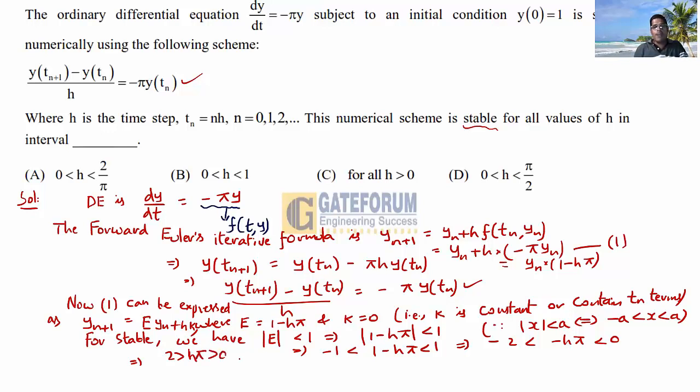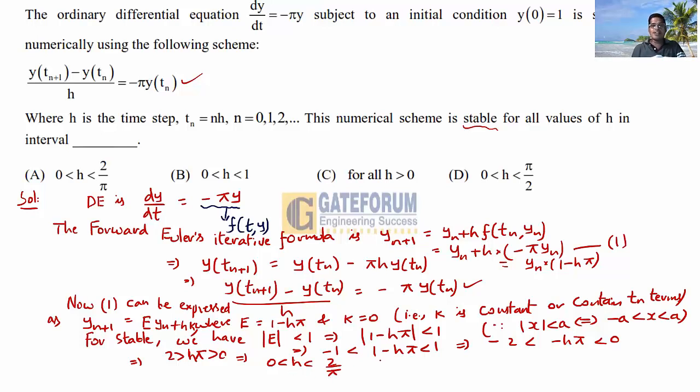So dividing by pi, which is a positive constant, the inequality stays the same. So this becomes 0 less than h less than 2 by pi. So the h maximum value is 2 by pi.